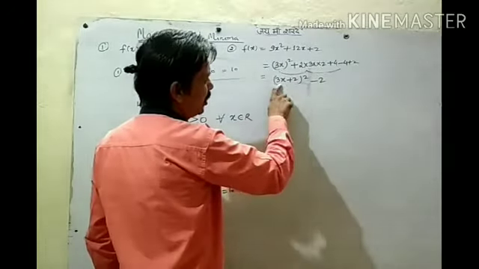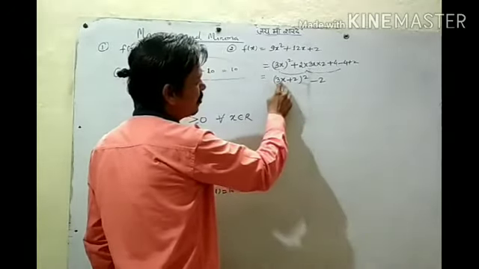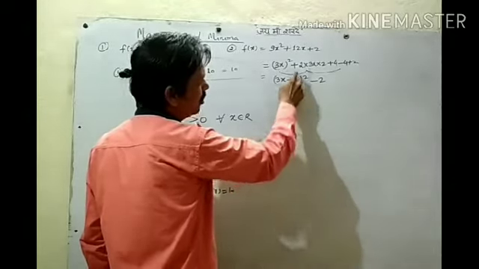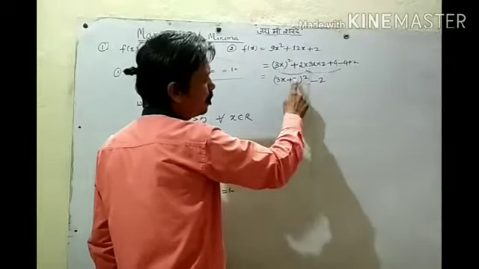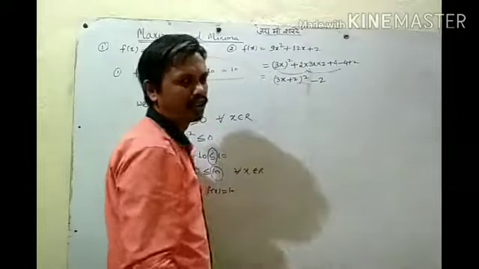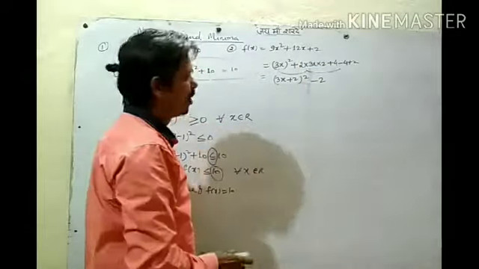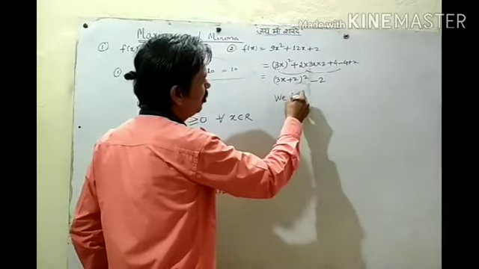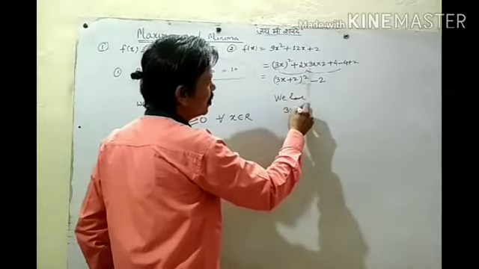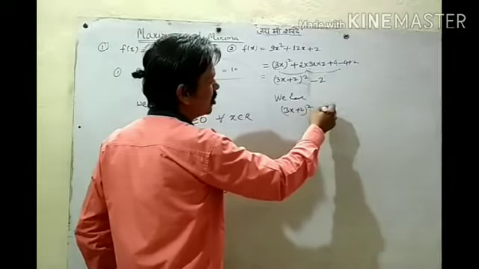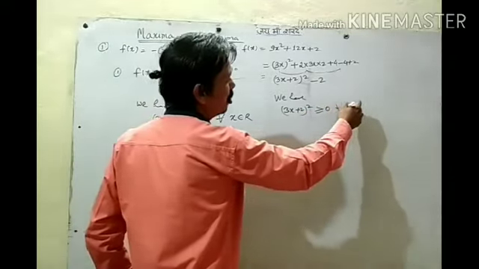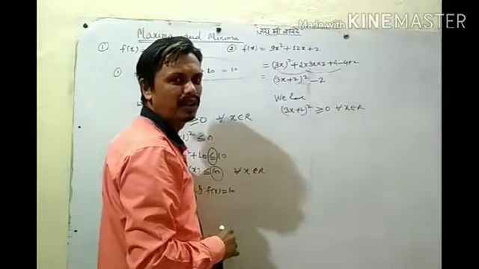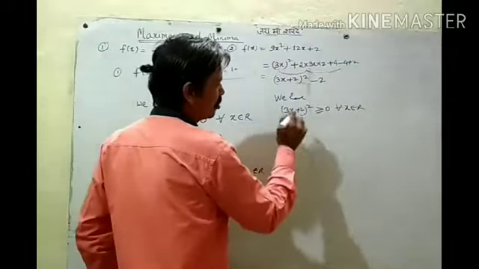Now if we expand this, 9x square, 2ab is 2 into 3 into 2, 12x, plus 2 square, 4, minus 2 will be 2. So again you get the same thing. Now for all x, (3x plus 2) whole square is always more than or equal to 0 for all x belongs to R. Its domain is also the real numbers.